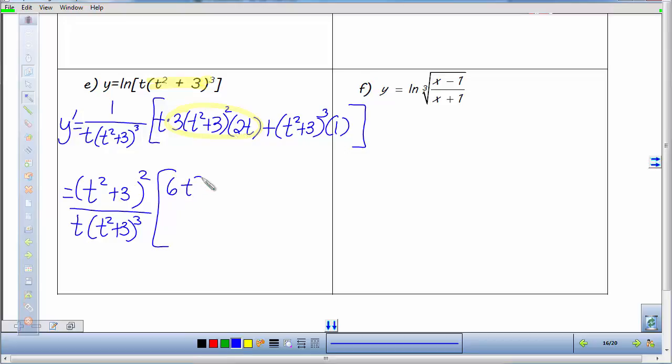Is that right? Plus what? What am I left with over here? T squared plus 3, right? Because we factored it out to the second power. So I'm left with 1 over there. Is that right? Okay.